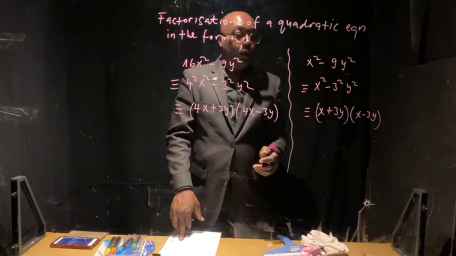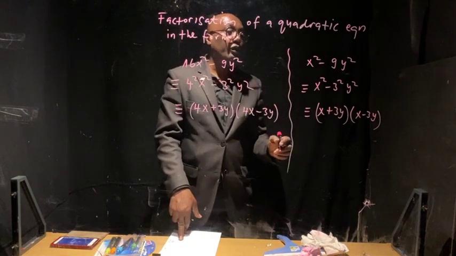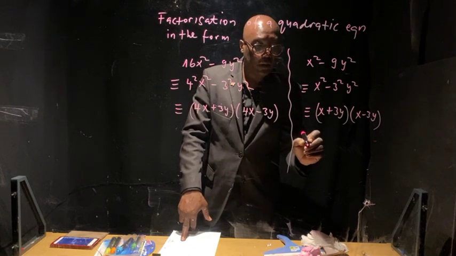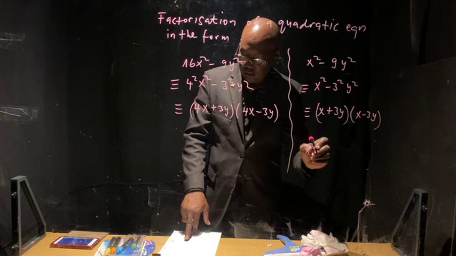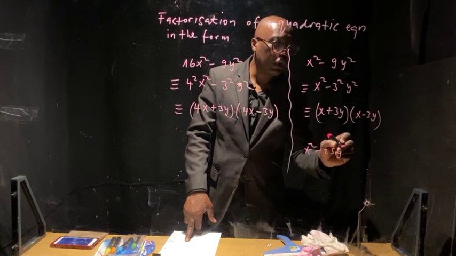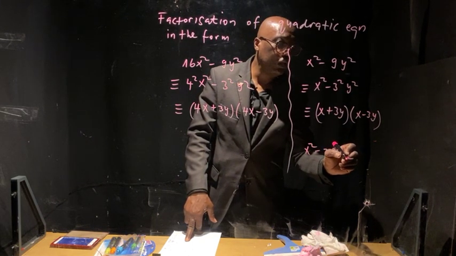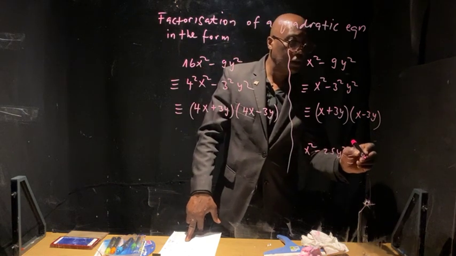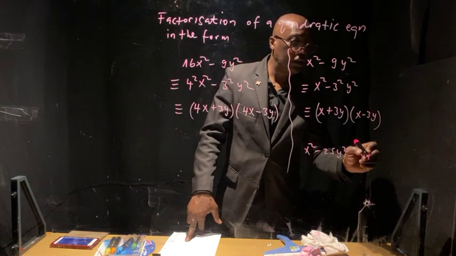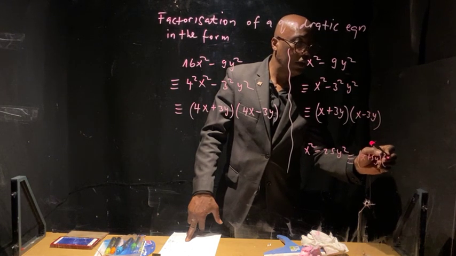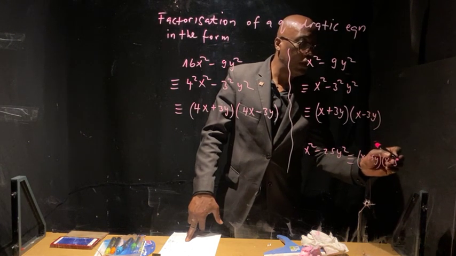Okay. In that same vein, for instance, if you have let's say x squared minus 25y squared, by recognition, you can say that this is equal to x plus 5y, x minus 5y.